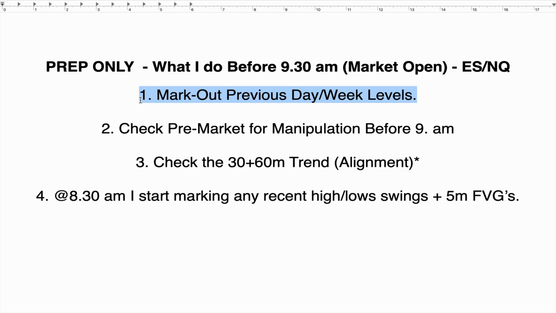If it's a Monday, I will also do the same for the previous week. So all I'm doing is drawing a line across my chart, the high, the low, and just the mid-range, right? So halfway of that full candle.